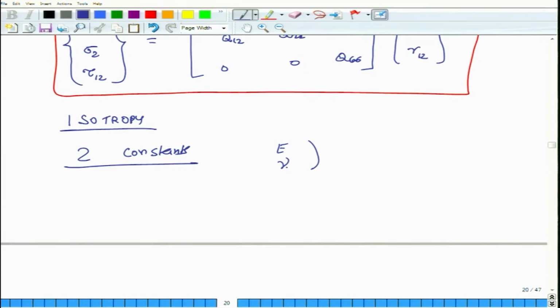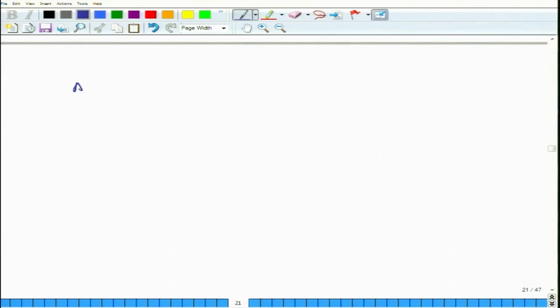So, let us have a quick summary. Anisotropic materials, 3D materials we are talking about, 21 constants. Then we have special orthotropy, again in 3D, not in 2D, we have 9 constants.